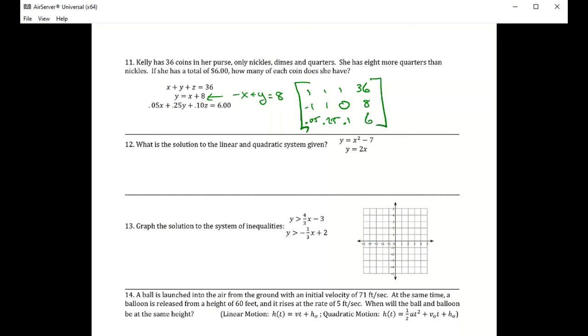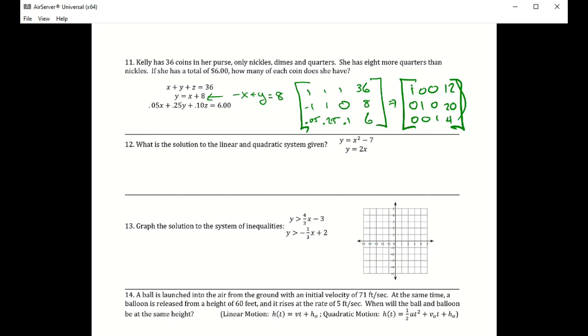Now when we do this again, reduced row echelon form, we build our matrix and we get our solution matrix 1, 0, 0, 0, 1, 0, 0, 0, 1, 12, 20, and 4. Oops.